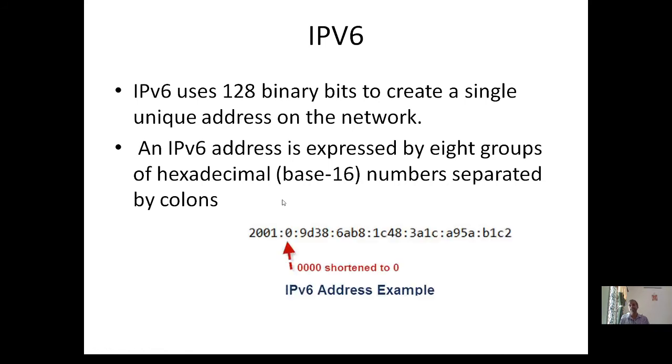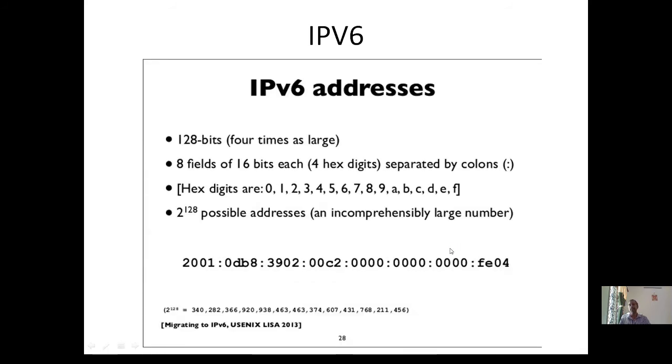Here is an example of an IPv6 address. These numbers are separated by colons. Here is another example. The main characteristics of an IPv6 address: it is 128 bits, 8 fields of 16 bits, separated by colons, and it uses the hexadecimal number system.